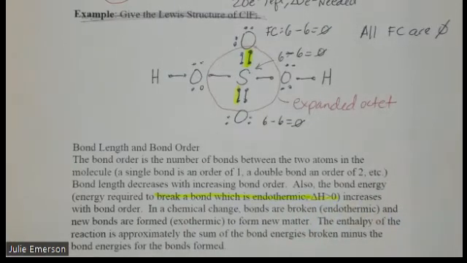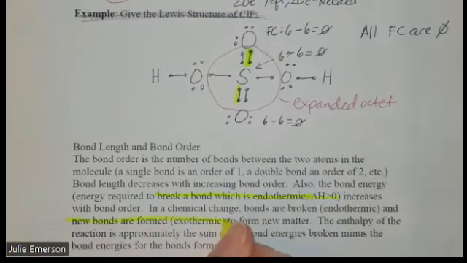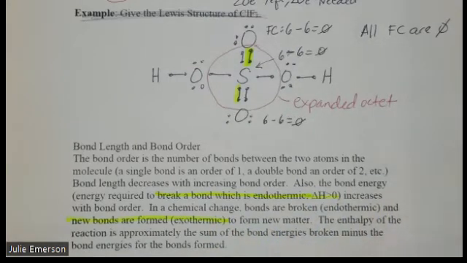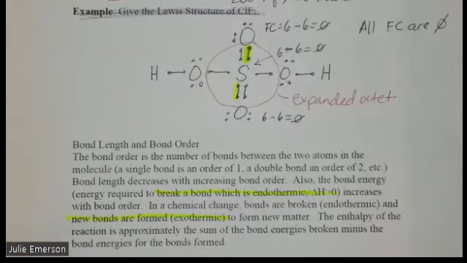But when you form new bonds, then you're stabilizing those ions or elements, whatever type of bonding it is. And when new bonds are formed, then energy will be released. It'll be exothermic. And when you do the enthalpy of a reaction, like we did in the thermo chapter, you can get that in a couple of different ways. We did it through Hess's law, right? We did it through enthalpies of formation.